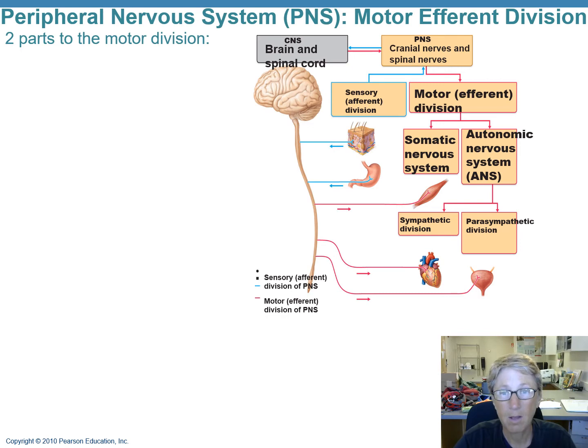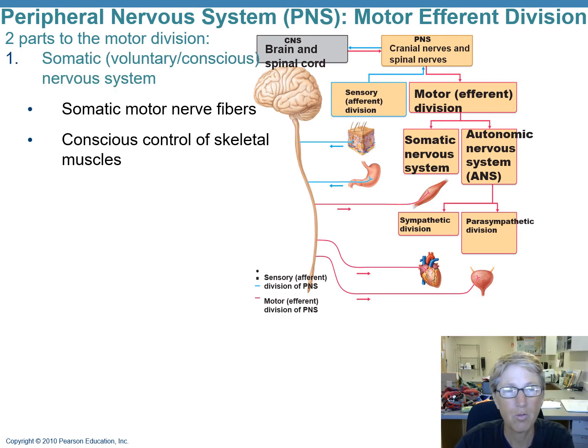And then let's make it even more complicated, shall we? There are two parts to the motor division. So here we are, over in this part of the cartoon now, in the motor efferent division of the peripheral nervous system. And there are two parts to that: the somatic nervous system and the autonomic nervous system. The somatic nervous system is under voluntary and conscious control.